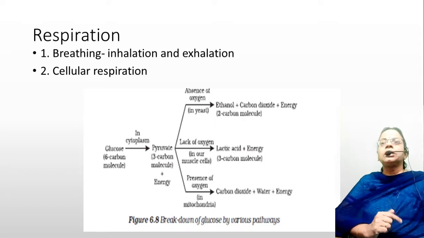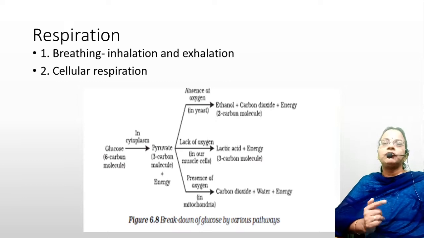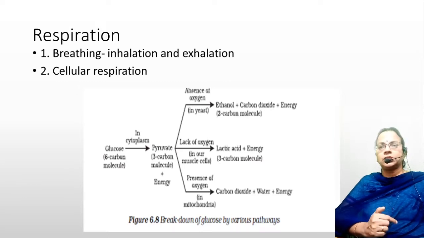So at that time the muscle cells will undergo anaerobic respiration in the deficiency of oxygen, and as a result lactic acid will be produced. This lactic acid and a little bit of energy will be utilized for meeting the extra energy requirement at the time of strenuous exercise.